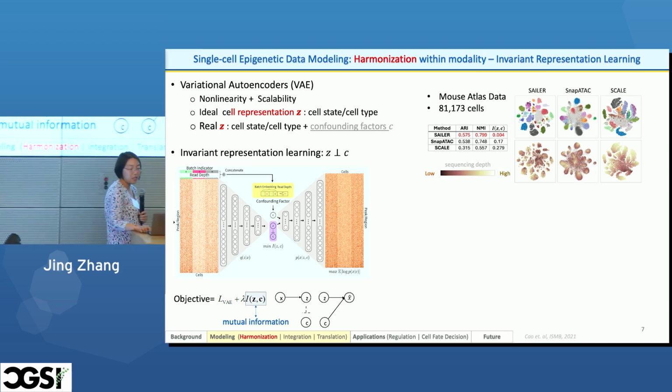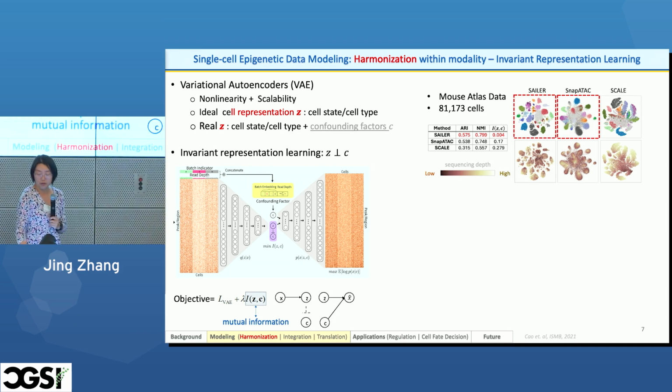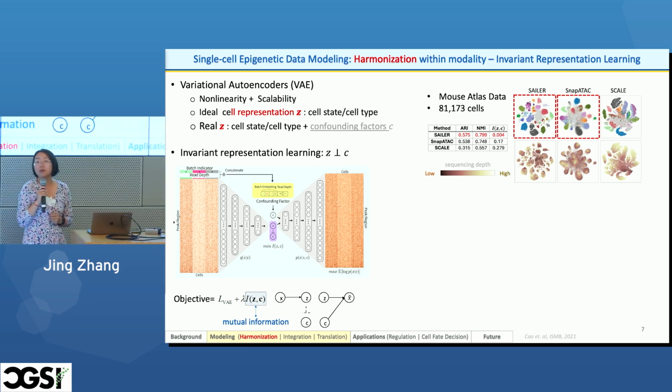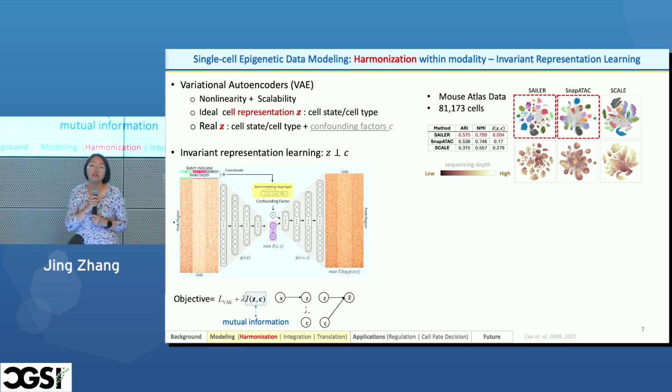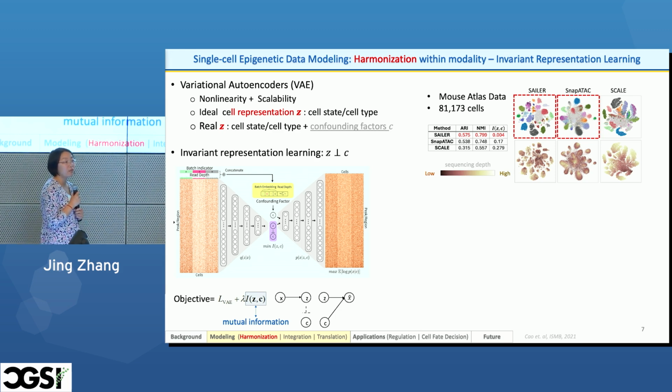You can see the first comparison is our method, SAILER, versus SnapATAC at that time. And you can see the neural network architecture allows us to capture the nonlinear feature interactions pretty well. You can see different tissues can be separated fairly well.